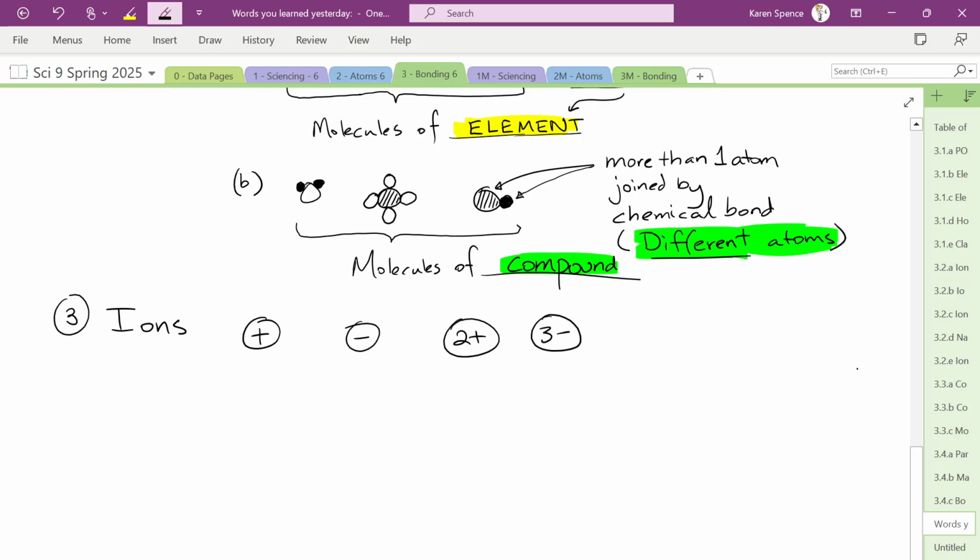And then finally, you might also have something here called, we have an oxygen and a hydrogen stuck together with a chemical bond.